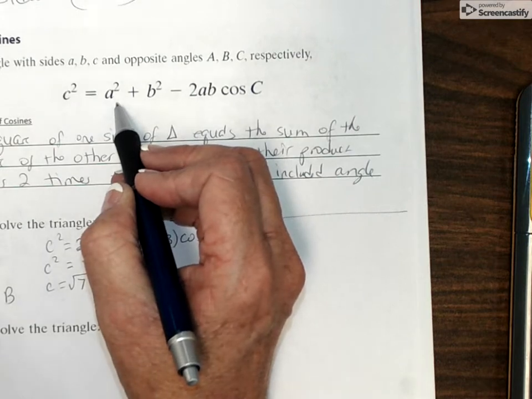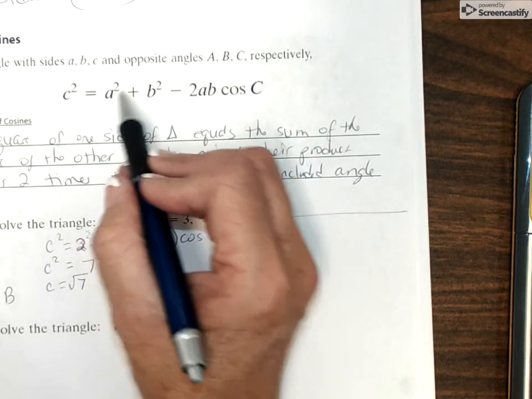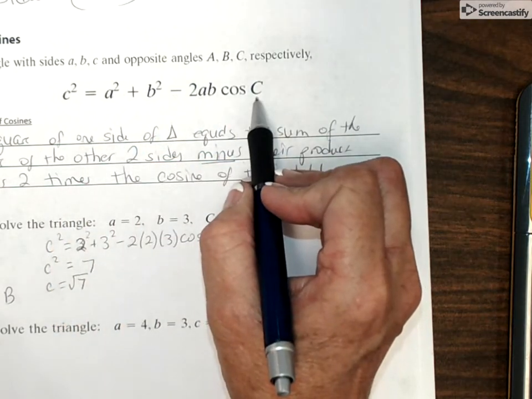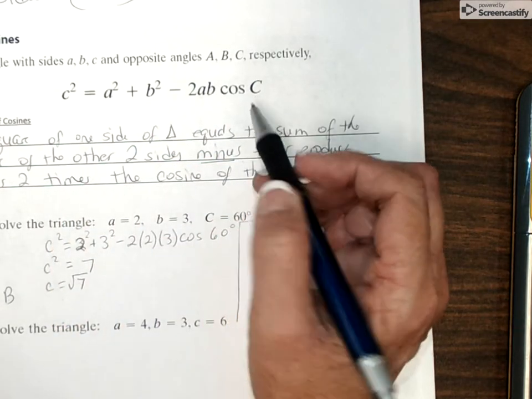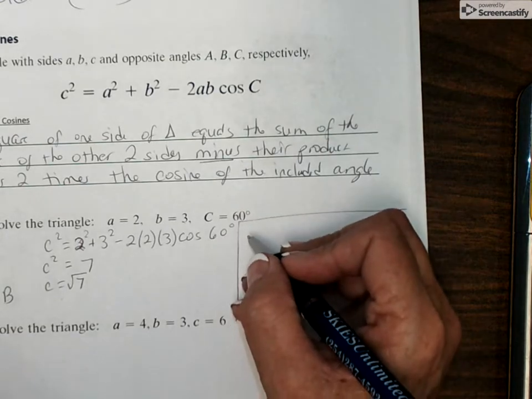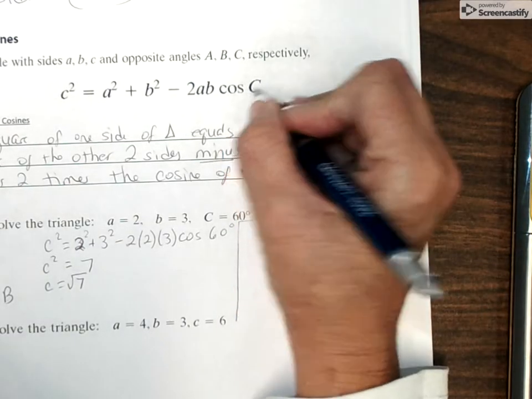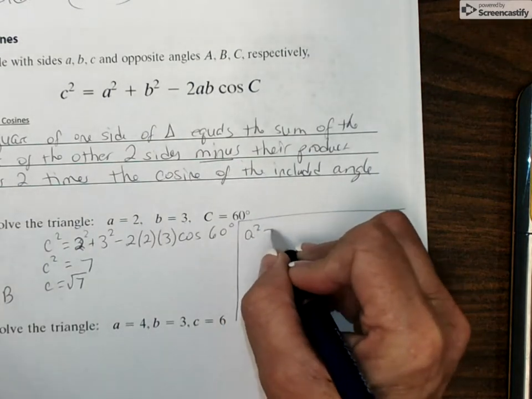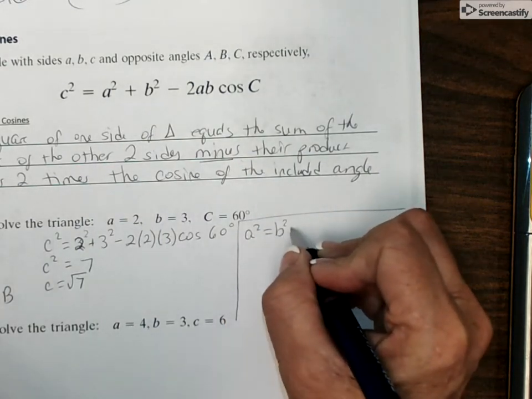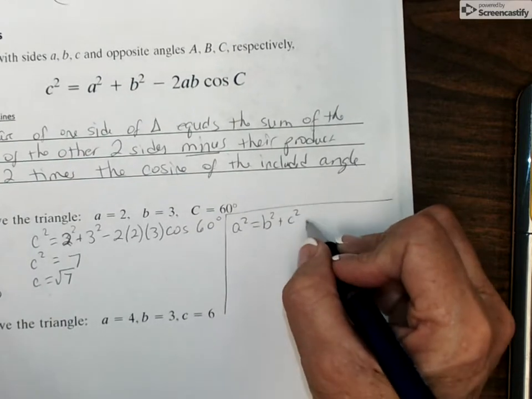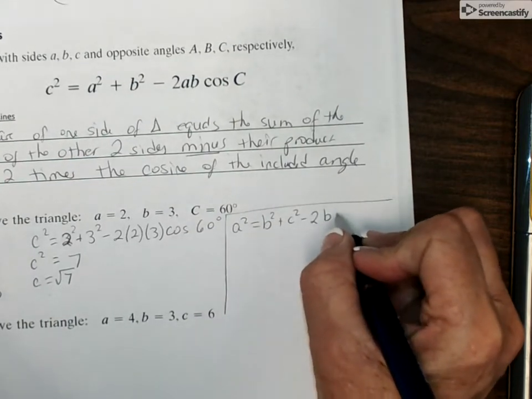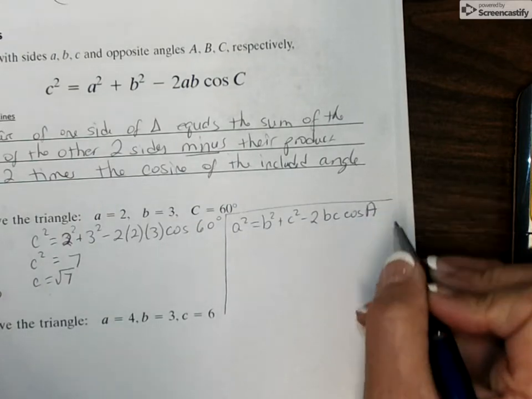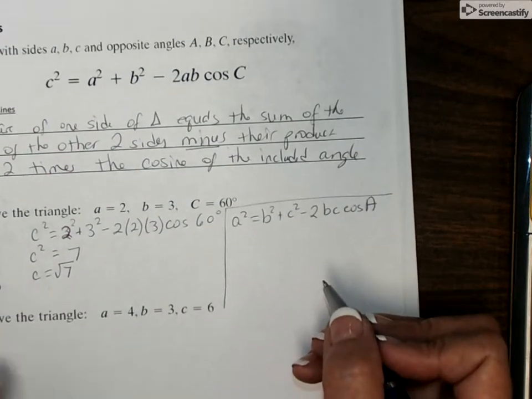You can rearrange these as long as the angle you are solving for corresponds with its opposite side. So this is going to be a squared equals b squared plus c squared minus 2bc cosine of angle A.